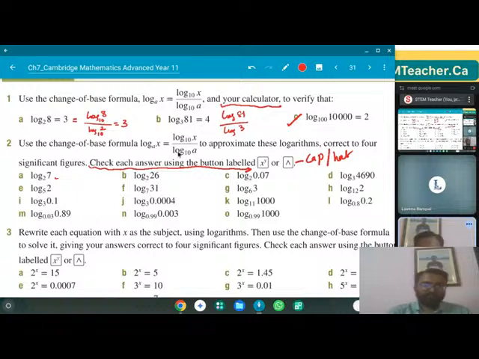But check each answer using the button labeled x power y. No need to get x power y. How can we write it as a power? It is basic values only. I think here he is giving the answers.